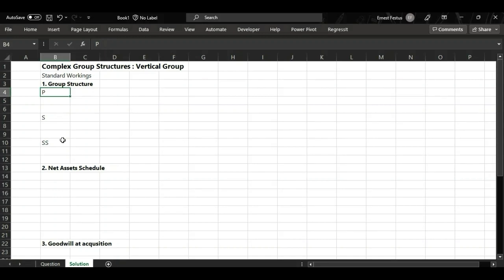So the parent also controls the subsidiary of the subsidiary. There is an indirect controlling interest over SS. So that is what we mean by vertical group structures.